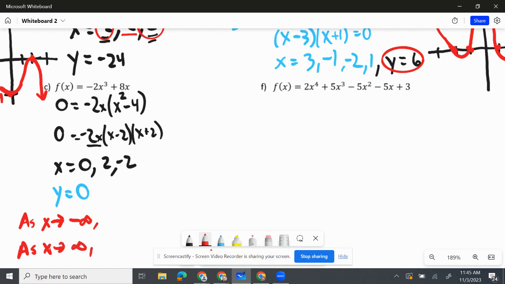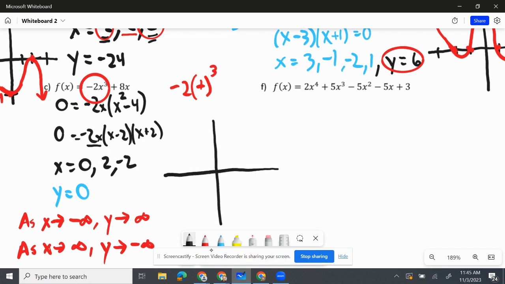So when I'm looking at my leading term, I have -2, and then if I plug in a negative, that would be a negative cubed. 3 negatives is a negative, times a -2 is a positive, so that means y approaches infinity. Then when I plug in a positive, 3 positives is a positive, times a negative is a negative, so y approaches negative infinity.